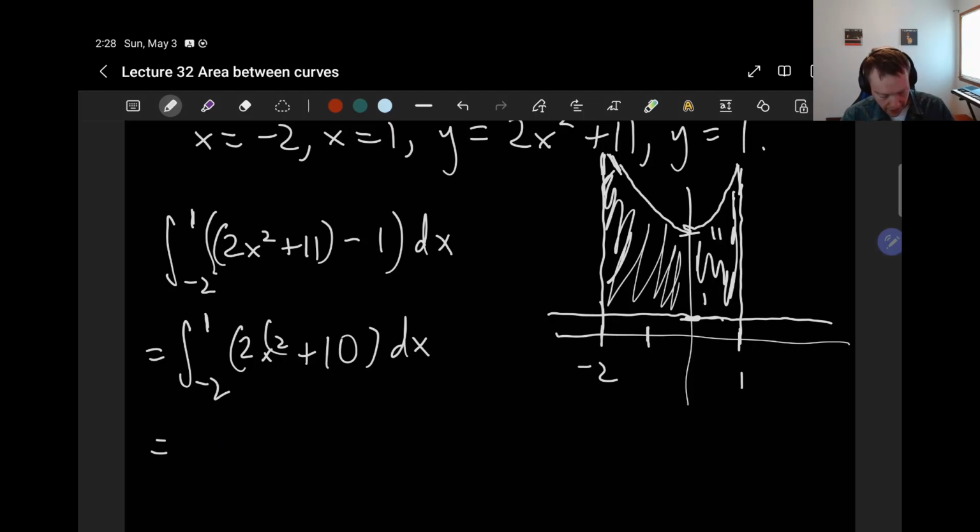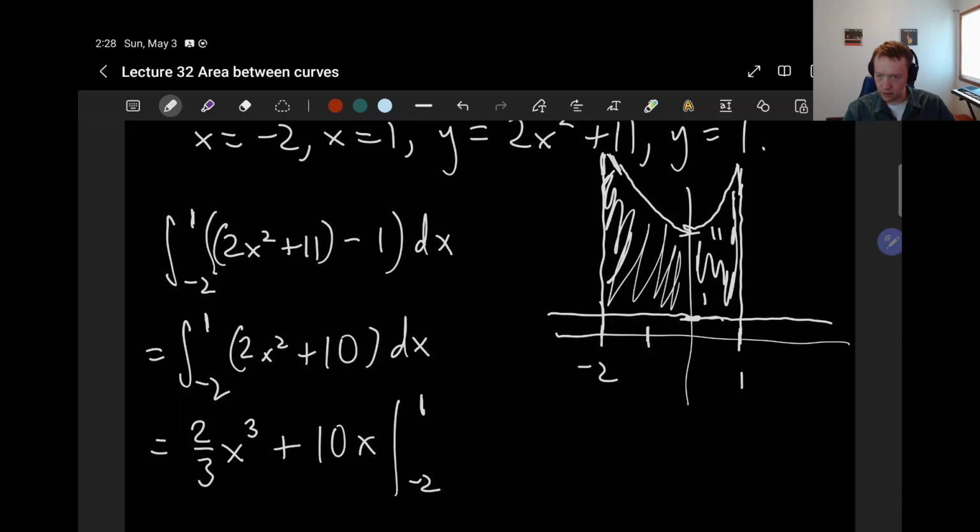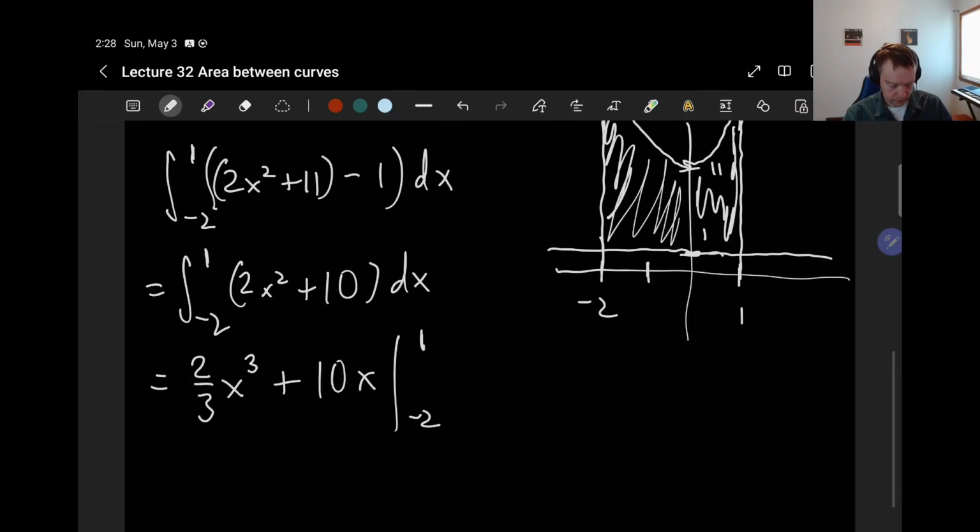So I add 1 to this power of x. That's 3, then divide by 3. So 2/3 x cubed plus 10x, evaluated from -2 to 1. Remember, you don't need a plus c here because for the fundamental theorem, when you're finding an area like this, it doesn't matter.